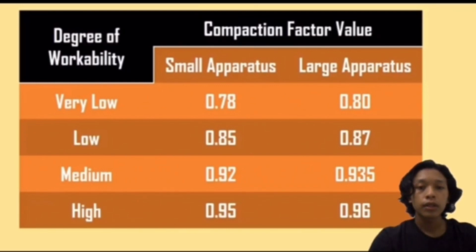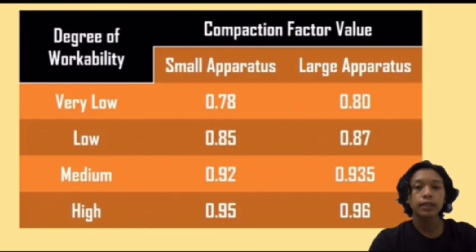For the small apparatus, very low is 0.78 and for the large apparatus it is 0.80. Low is 0.85 for small and 0.87 for large. Medium is 0.92 for small and 0.935 for large.